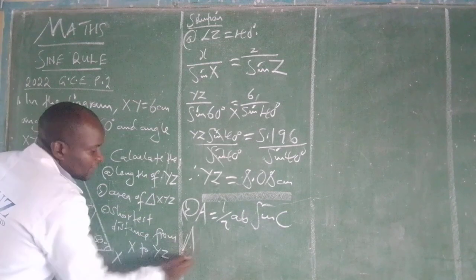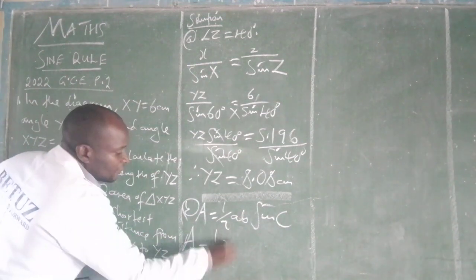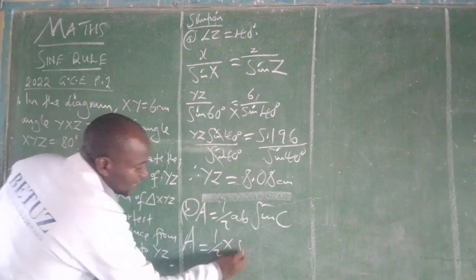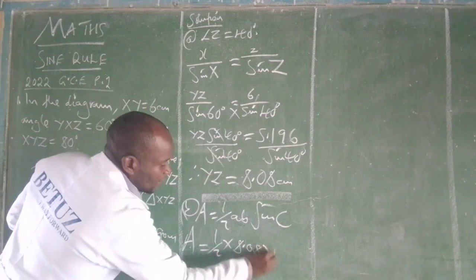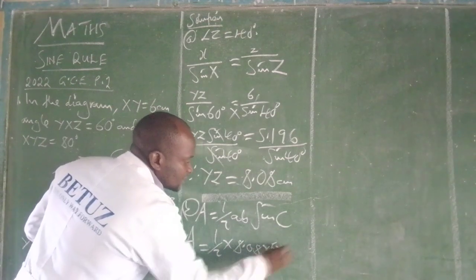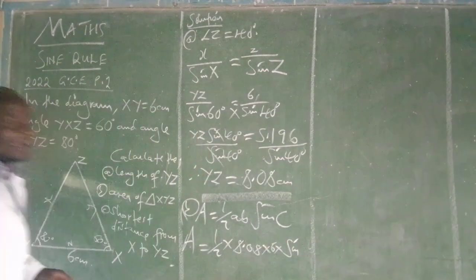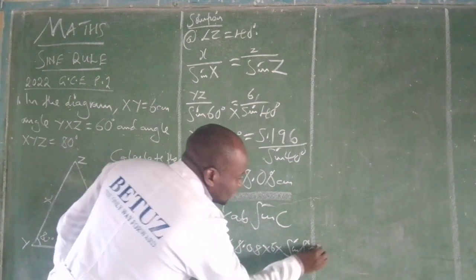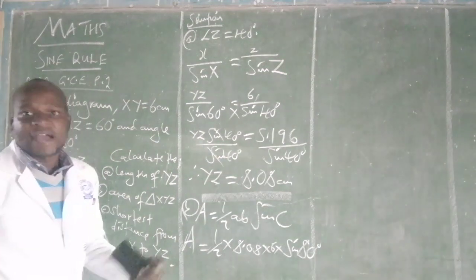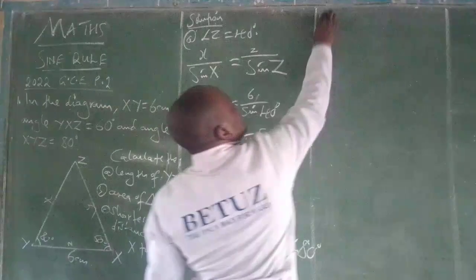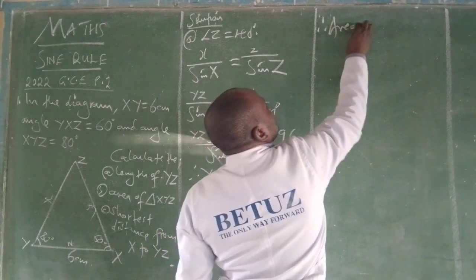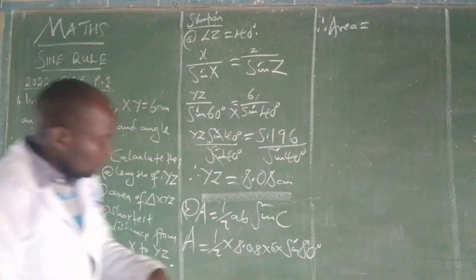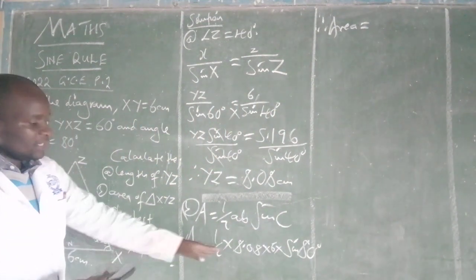So you're going to have area is equal to half multiplied by 8.08 multiplied by 6 multiplied by sine of angle C. In this case, you're going to have angle 80 degrees. So, having done that, we'll say, therefore, area is equal to, so we'll punch it the way it is.